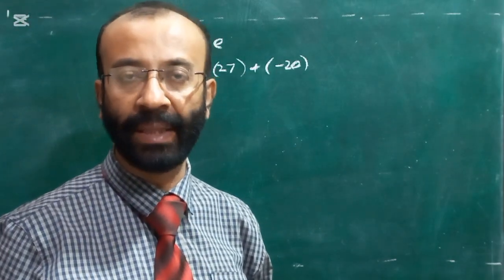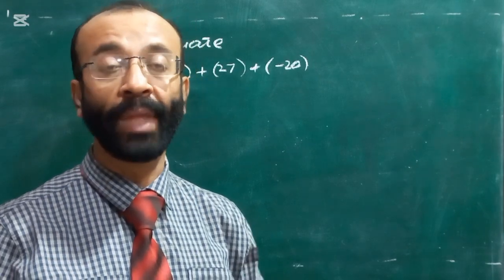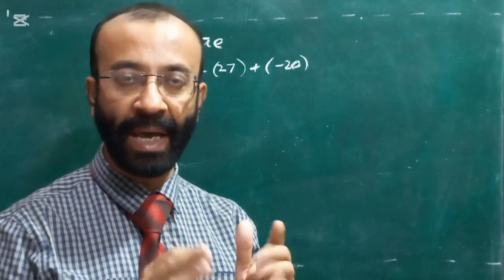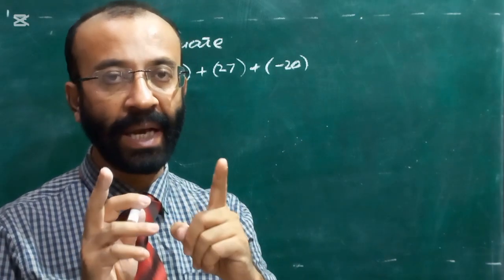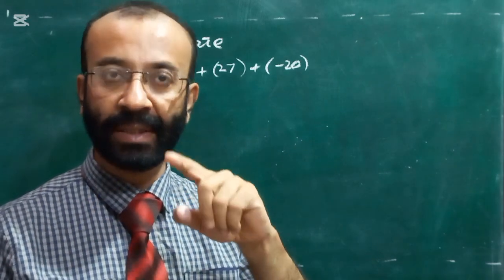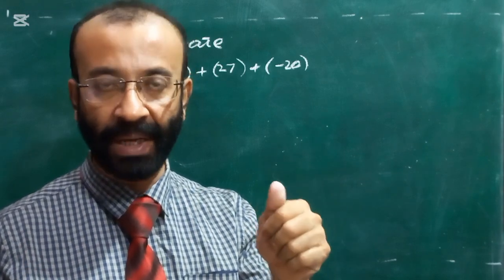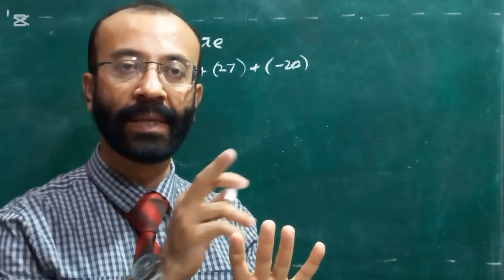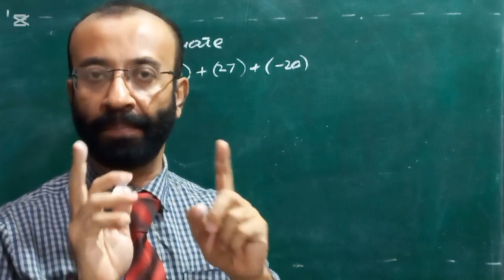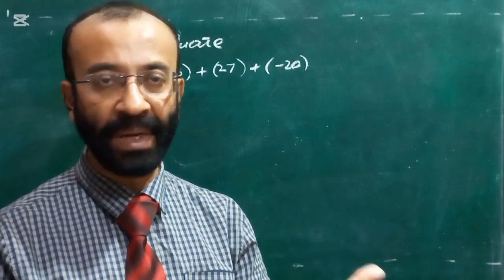So the key point in these kinds of questions is that when same signs multiply, the answer is always positive, and when opposite signs multiply with each other, the resultant is the negative sign. So when plus plus or minus minus multiply with each other, the answer is always positive, and when plus minus or minus plus multiply with each other, the answer will be negative.